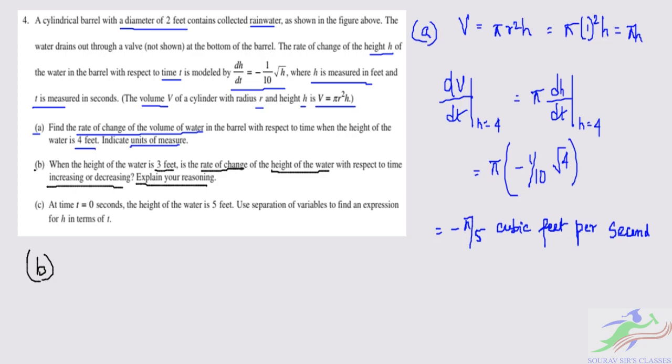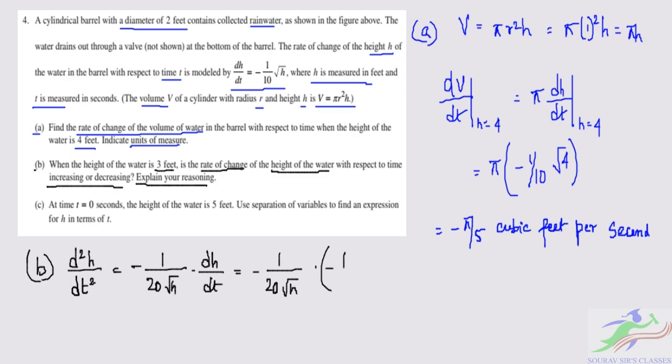For part B, we have d²h/dt² = -(1/20)(1/√h) dh/dt. If you solve this, it is -(1/20)(1/√h) times dh/dt, which is -(1/10)√h.